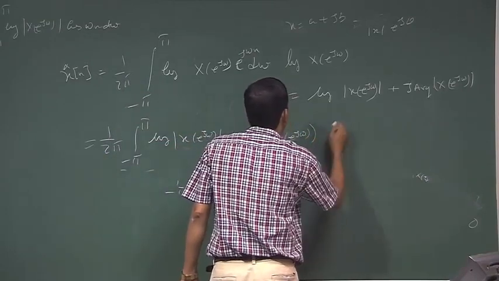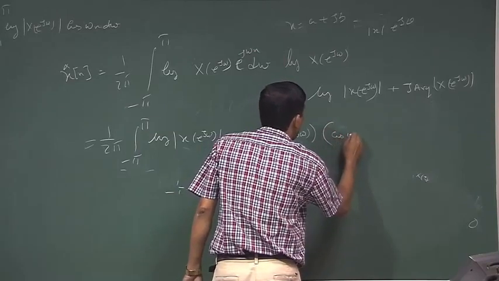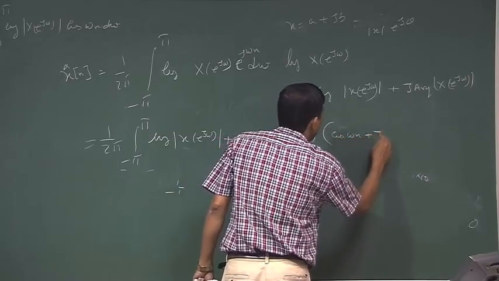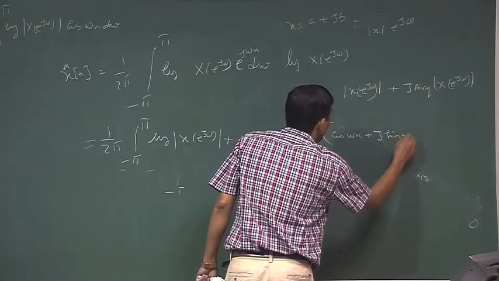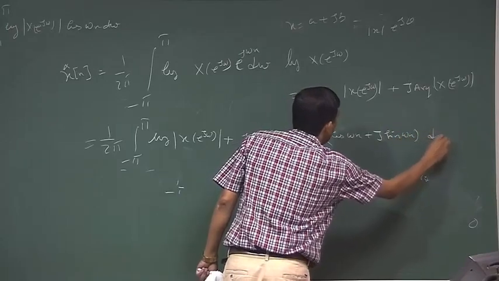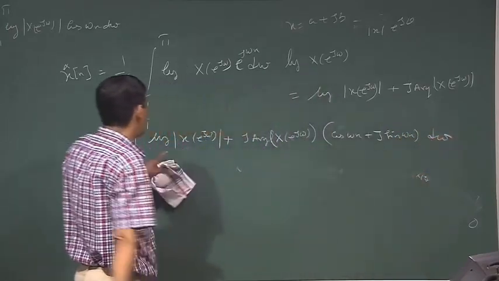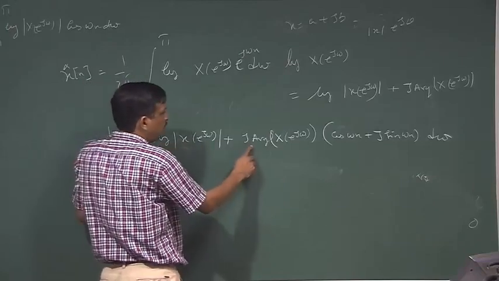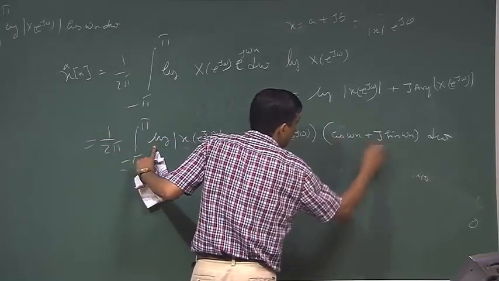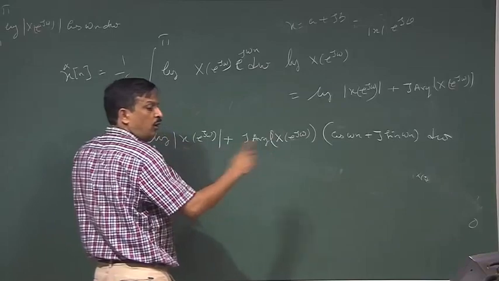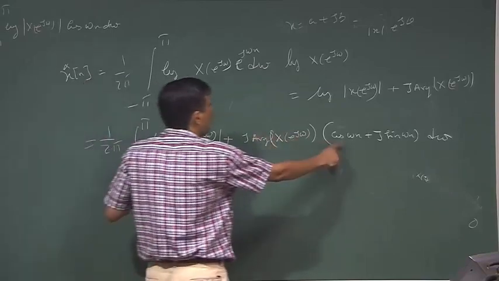So, e to the power j omega n, again we can write cos of omega n plus j sin of omega n d omega. Now, there are two terms, a plus b, let us say c plus d. So, if I multiply, there will be a fourth term.